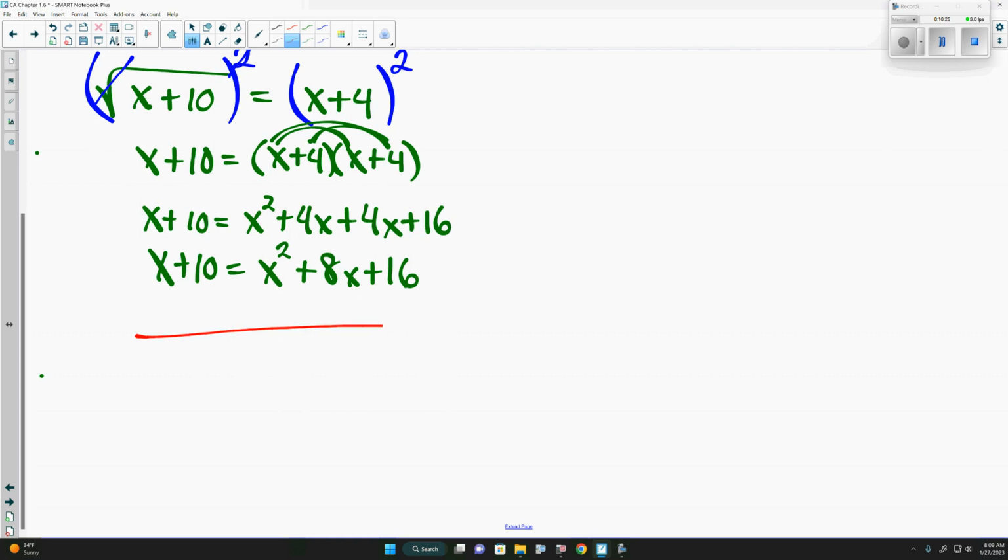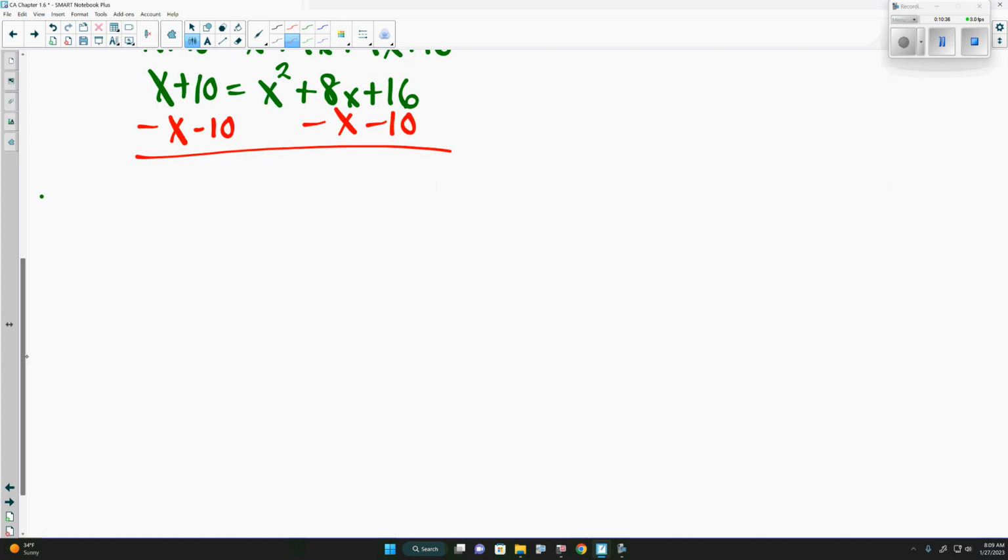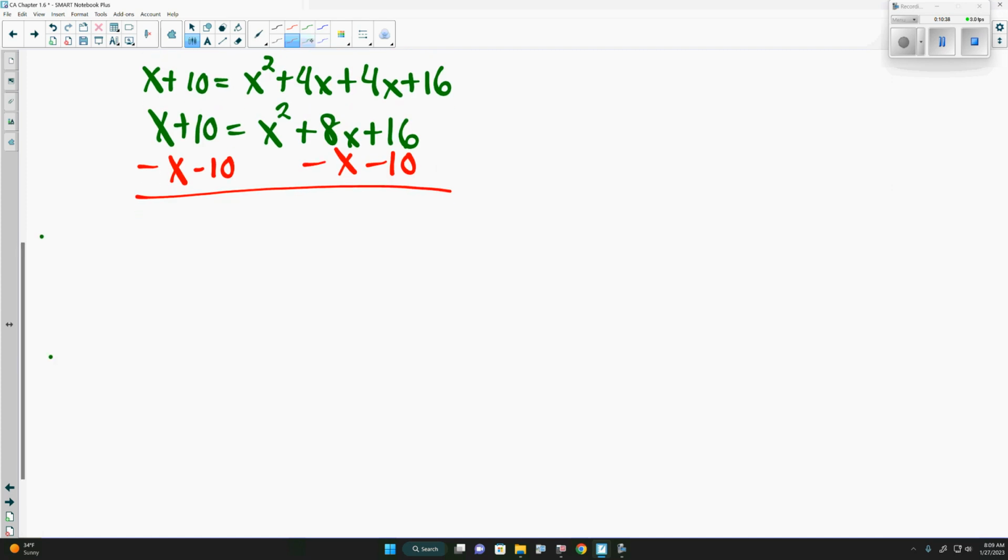Now at this point here, we can move everything to the same side, because whenever we have a quadratic, we are going to need this equal to 0. So what we end up with is that 0 is equal to x squared plus 7x plus 6.